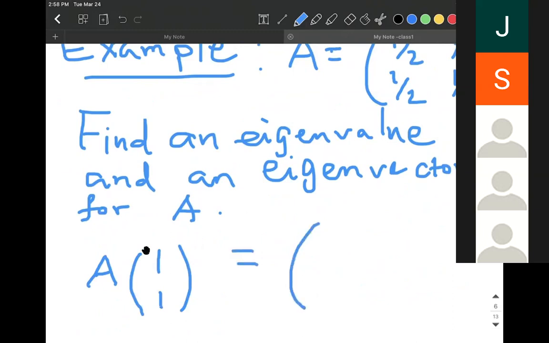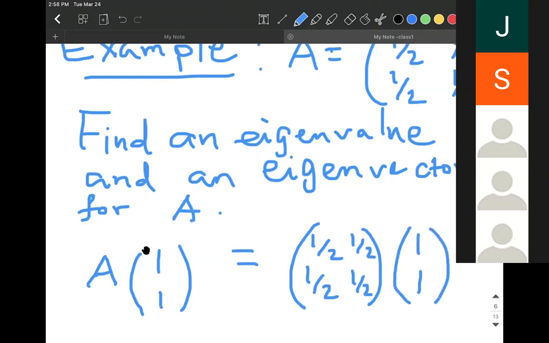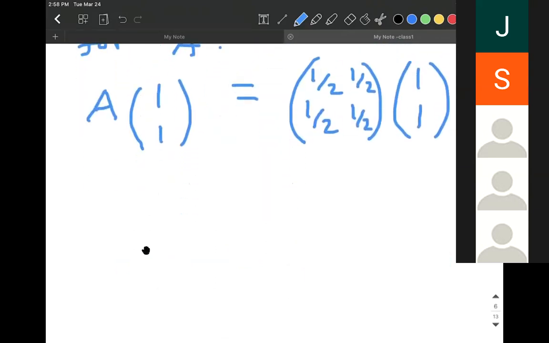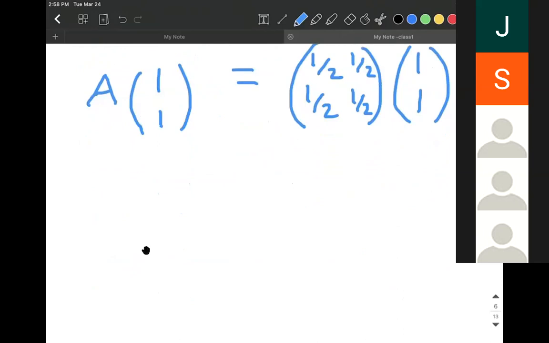So if you do the row operation, this is half, half, half and half times 1, 1. Now recall the matrix multiplication that you know. So this is half plus half, so this is 1. Then half plus half, it's 1. Okay. So what does this mean?